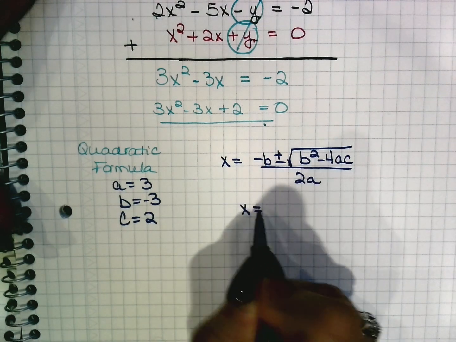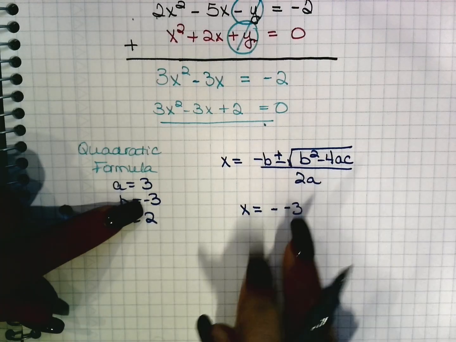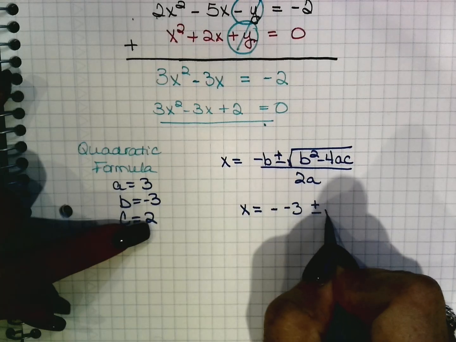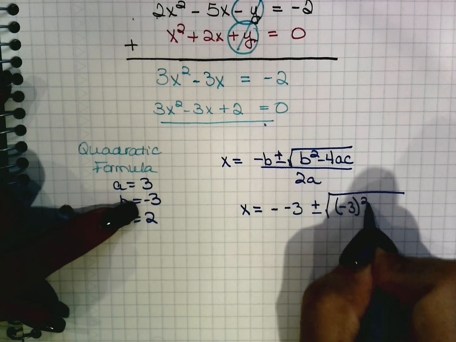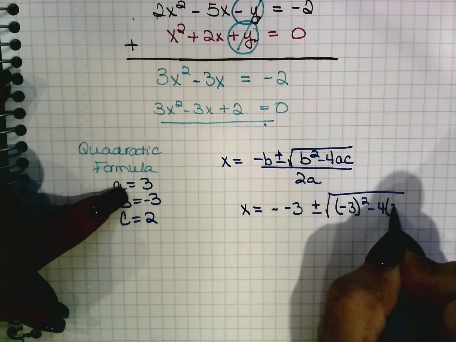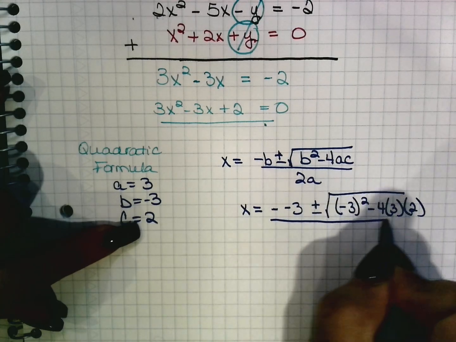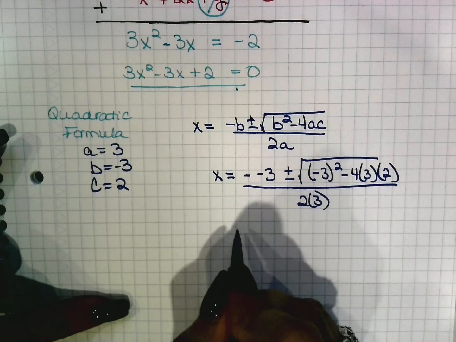So that's x equals, now our b is -3, so that's -3. And again, I'm going to go back and take care of that in a minute. Plus or minus square root of -3 squared minus 4 times 3 times 2 all over 2 times 3. Okay?